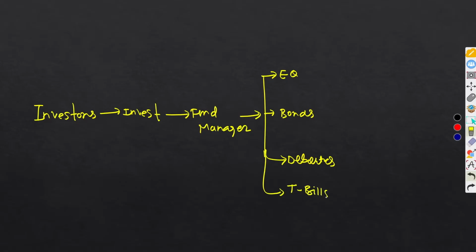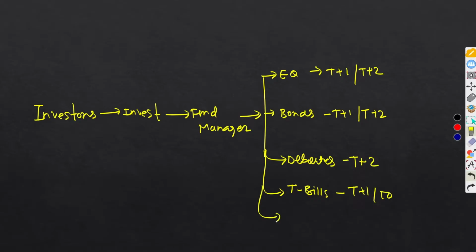T-bills, etc. Equity has a T plus 1 and T plus 2 settlement cycle. Bonds again have a T plus 1 and T plus 2 settlement cycle. Debentures, T plus 2. Government bills or treasury bills and all, T plus 1 or even T0. Then loans follow T plus 5 and T plus 10 settlement cycles.